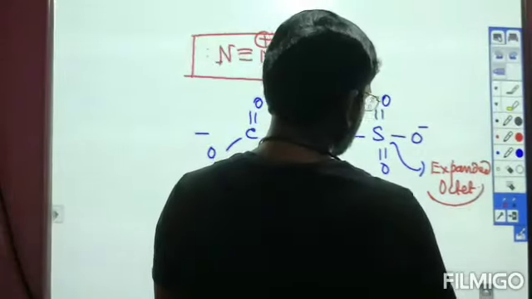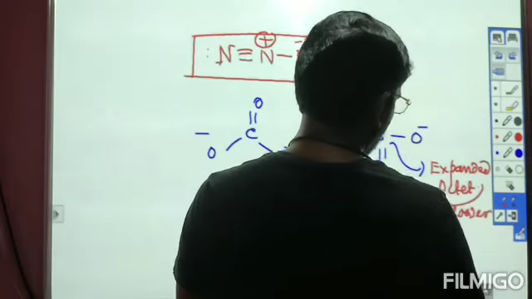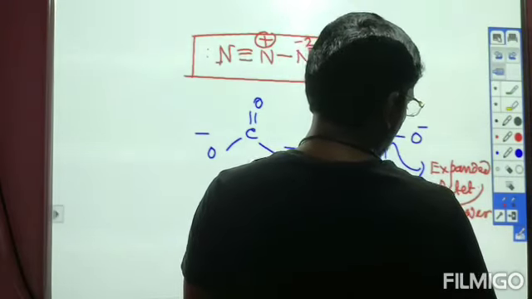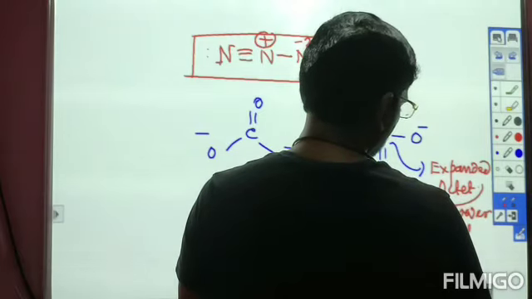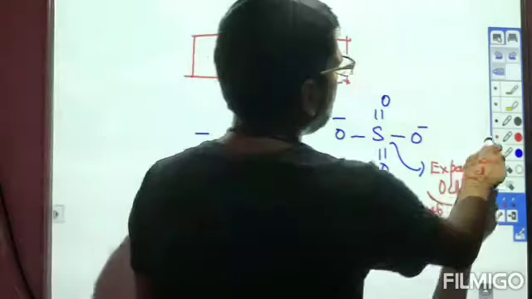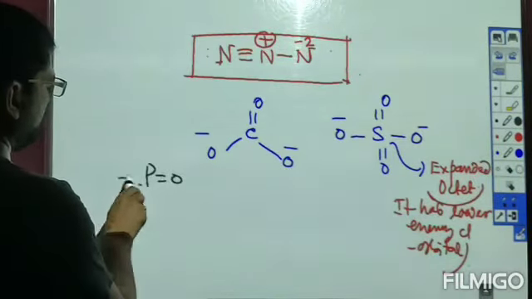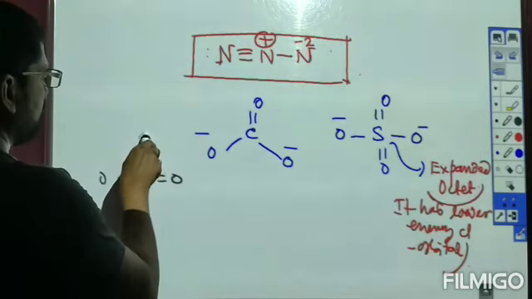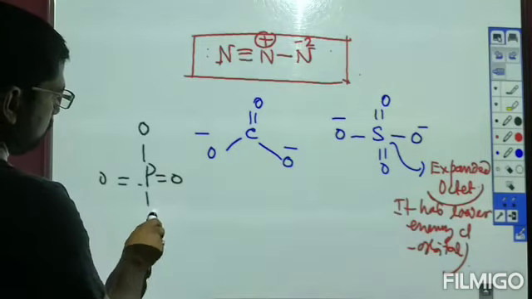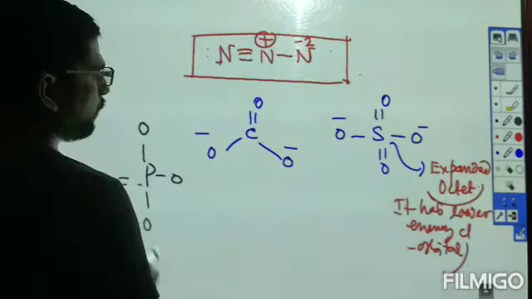Why? Because it has lower energy d orbitals. If you talk about PO4 minus 3, with double bonded O, this is PO4 minus 3.